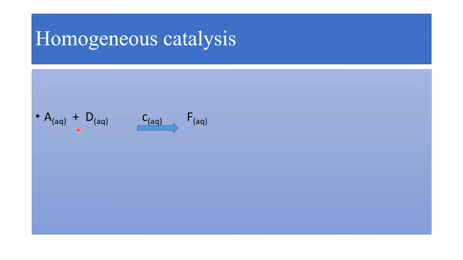Homogeneous catalysis refers to a catalytic system in which the substrates for a reaction and the catalyst components are brought together in one phase, most often the liquid phase. The example is this one, that is A aqueous plus D aqueous in presence of catalyst, that is C aqueous, gives F aqueous.